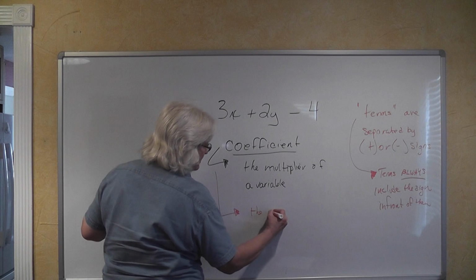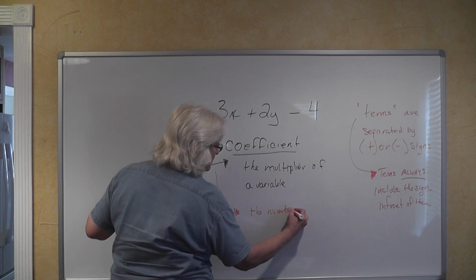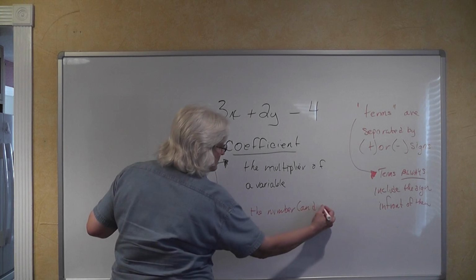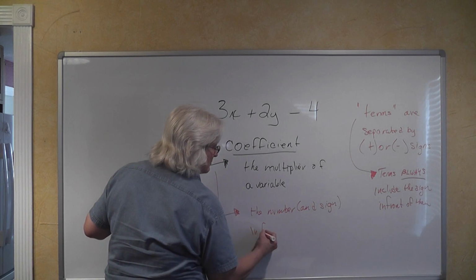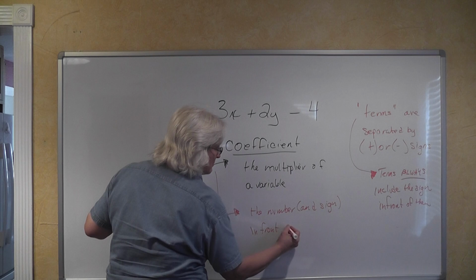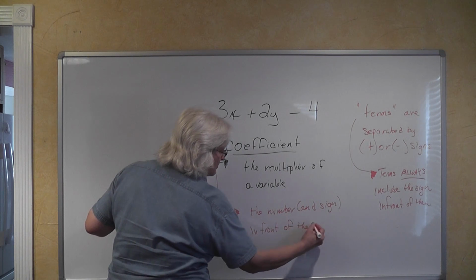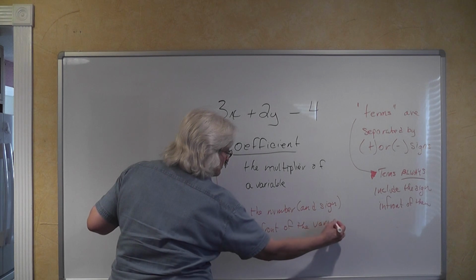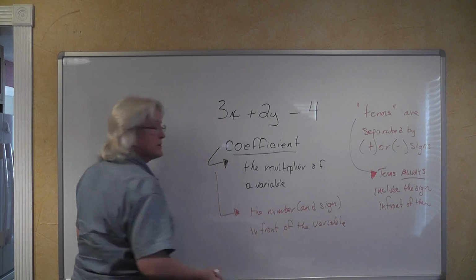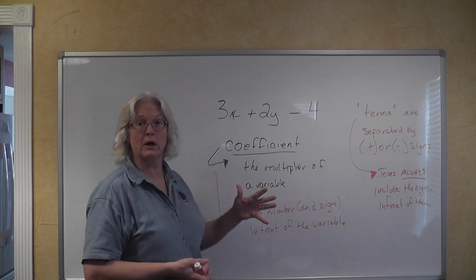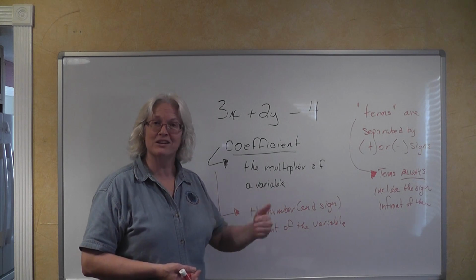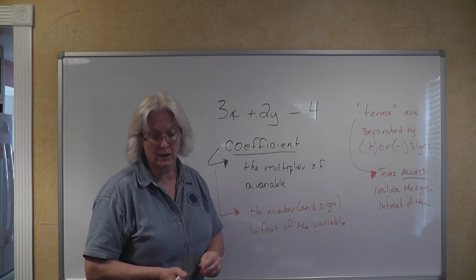The coefficient is the number and sign in front of the variable. Sometimes it can be a little bit confusing to students to think of the multiplier of a variable. It's just that number in front of the variable itself.